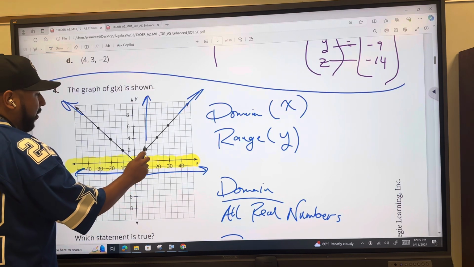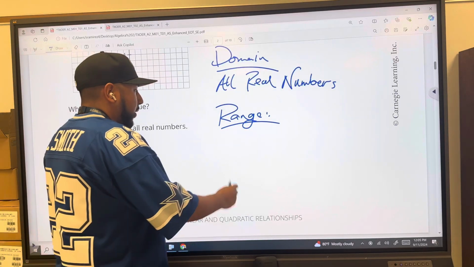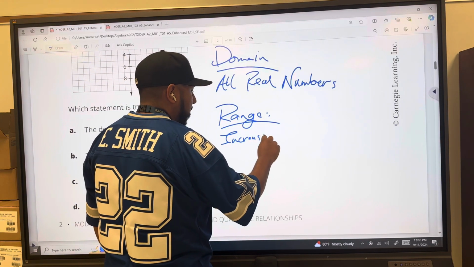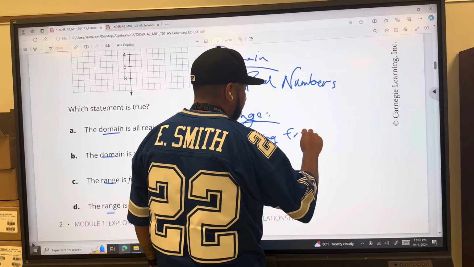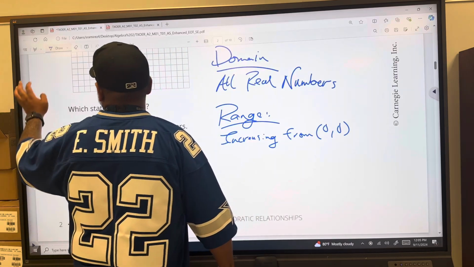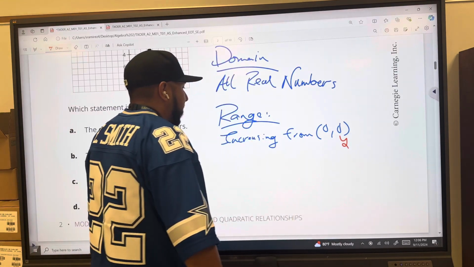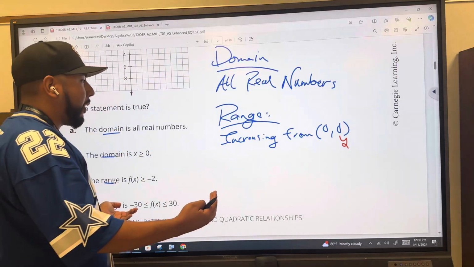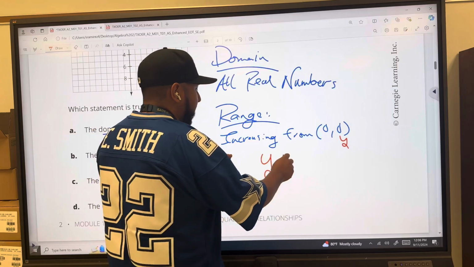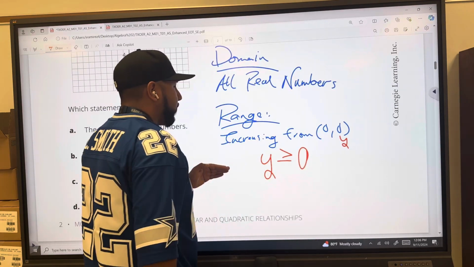So because it's going up, it's increasing from the origin of 0, 0. And I should know that this is my y value. The way I would write this is my range is y increasing, meaning greater than or equal to 0.